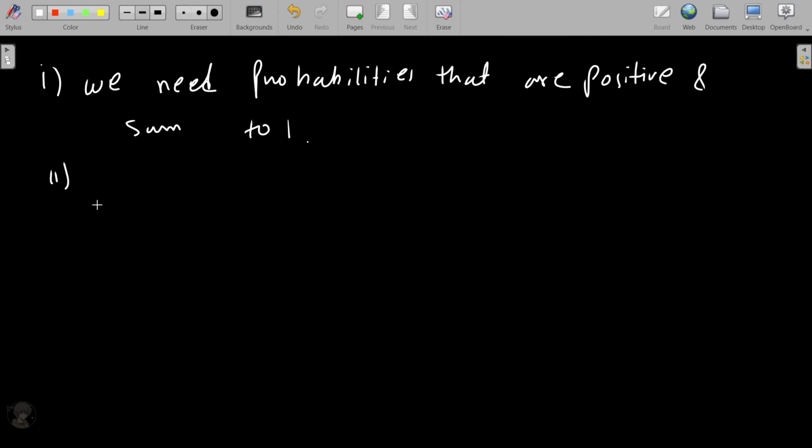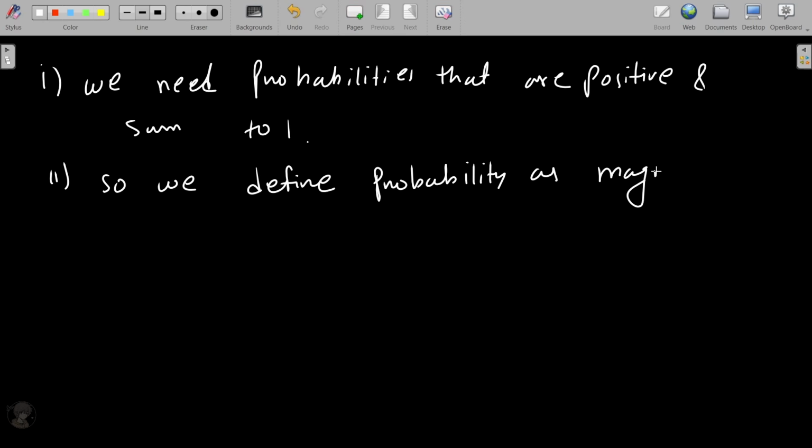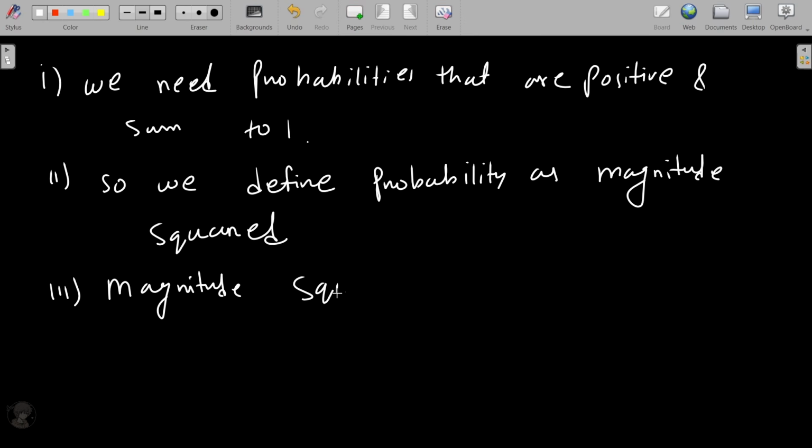Second, we define probability as magnitude squared. Third, magnitude squared works even for complex numbers.